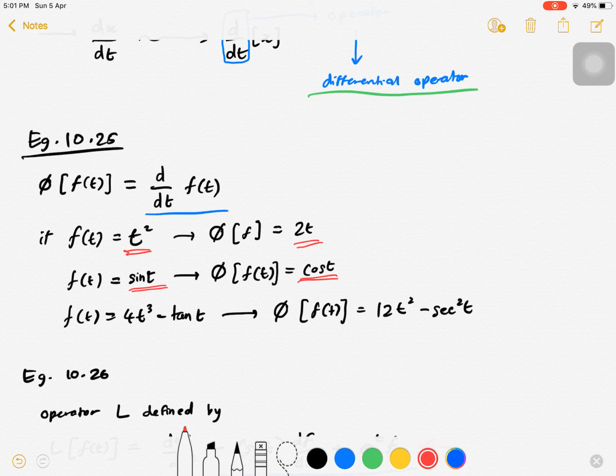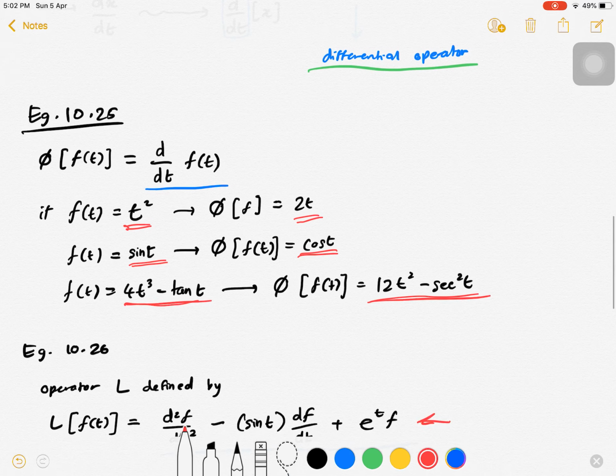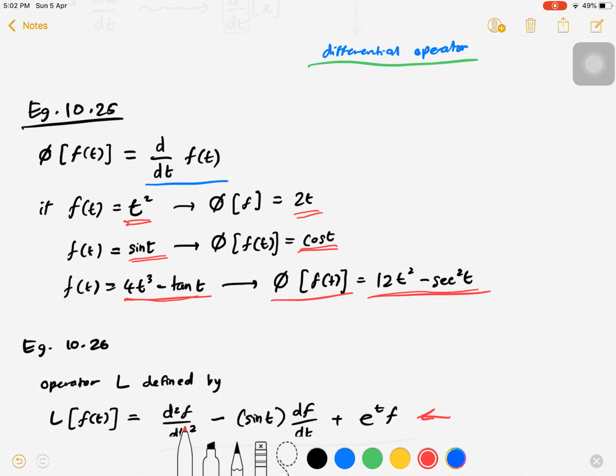So it's like differentiation, but we use an operator instead of differential form. Okay. And same goes if we put this function inside the operator, we will get this one. This is the outcome of the operation within the psi operator.